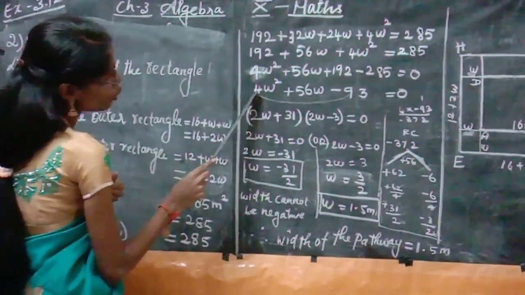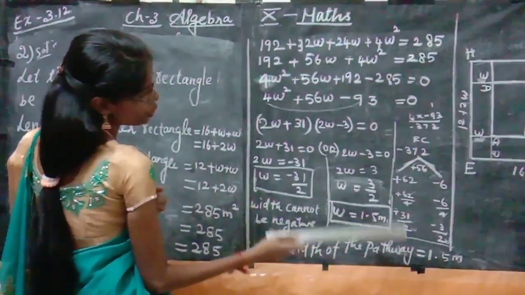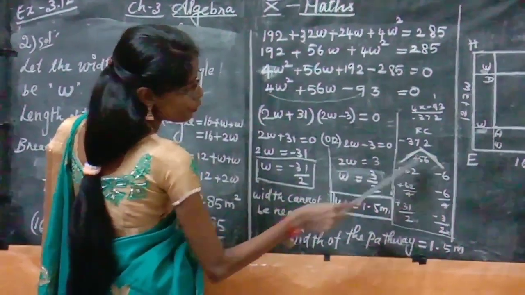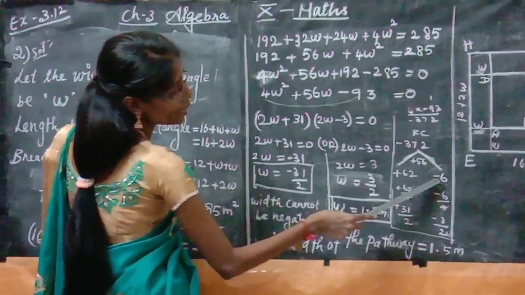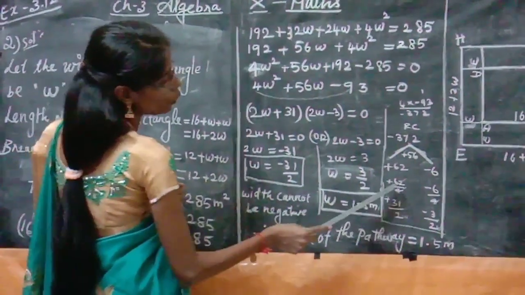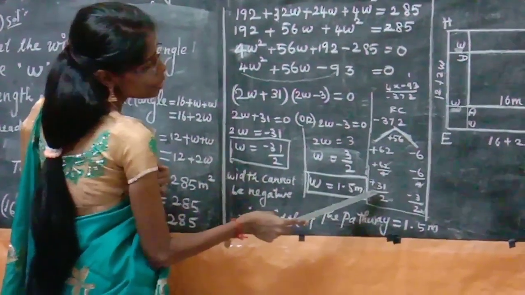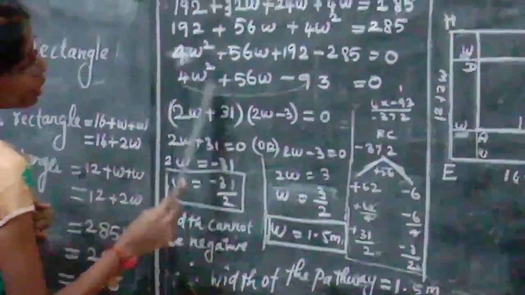Here 4 into minus 93 is minus 372. Split it into two factors. The two numbers are plus 62 and minus 6. What's the coefficient of W square? 4. You have to divide by 4. 62 by 4, minus 6 by 4. Simplify this: plus 31 by 2, minus 3 by 2. What's the variable? W.